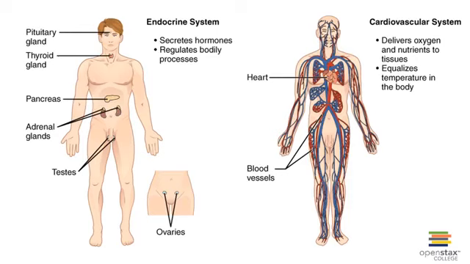The cardiovascular system. The cardiovascular system is composed of the blood, heart, and blood vessels, and provides internal transport of nutrients and oxygen to body cells, while also removing wastes and carbon dioxide being transported away from body cells.